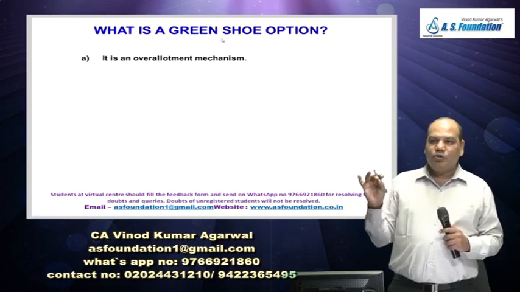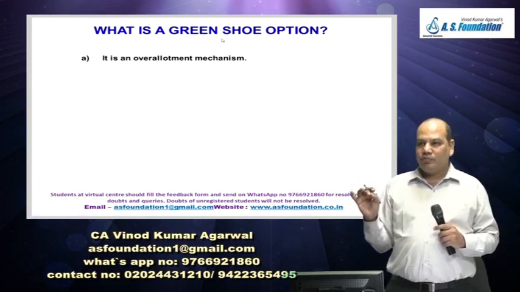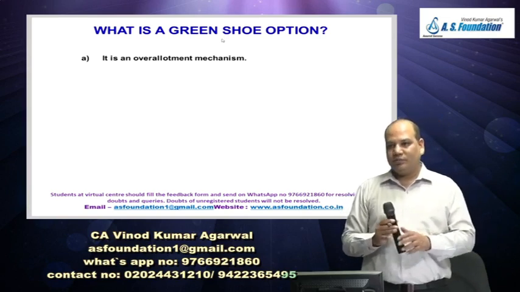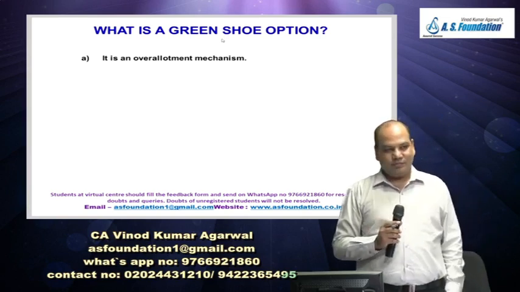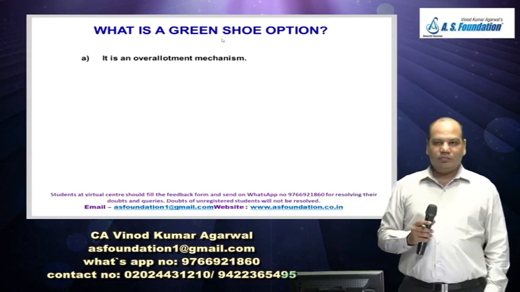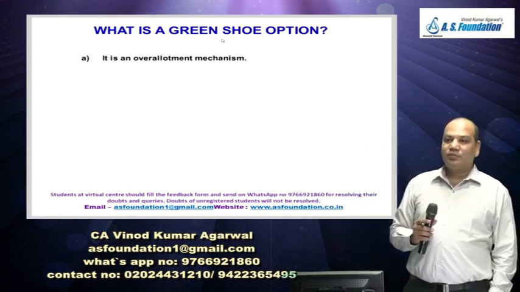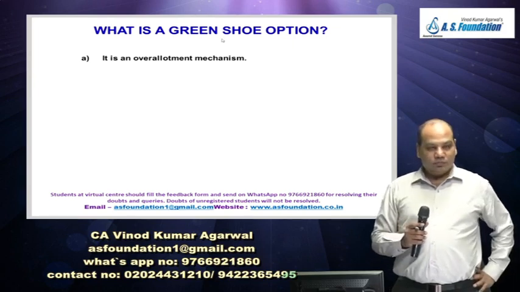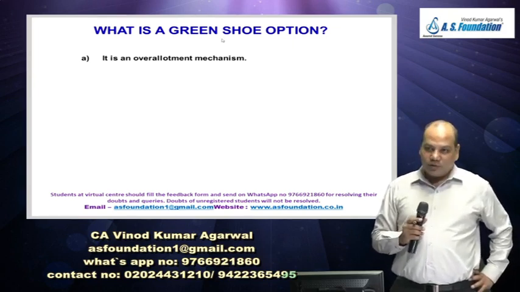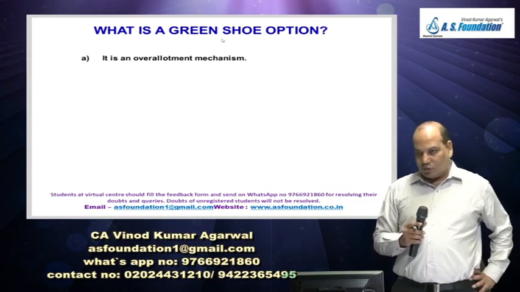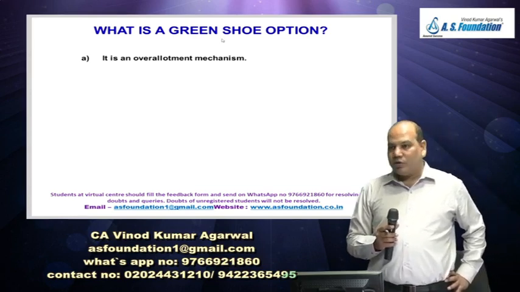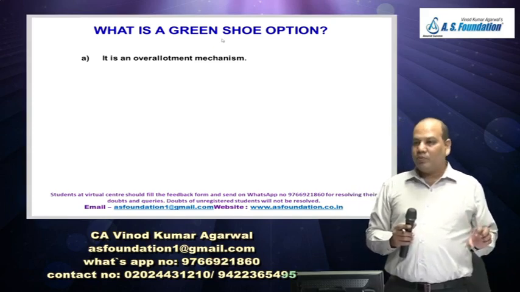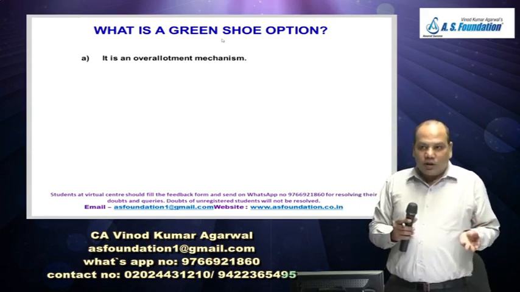When the company issues the shares in the IPO, immediately after the shares are listed, there are two possibilities. Either the price may fall or the price may rise. If the price falls, this Green Shoe option mechanism will help you to raise the price.